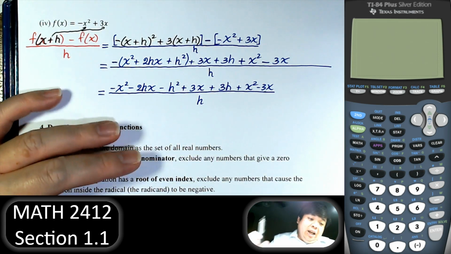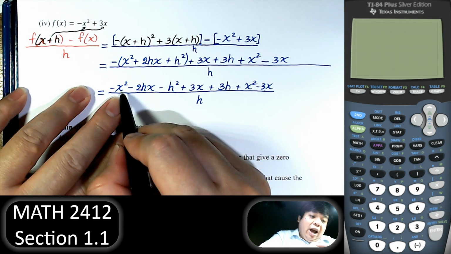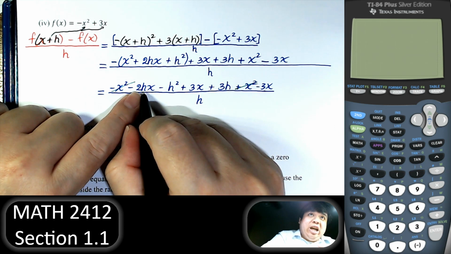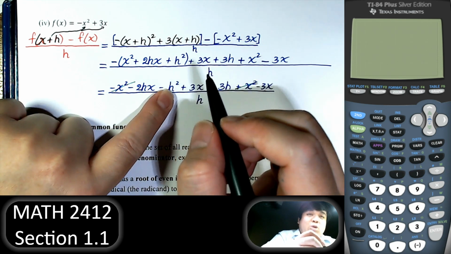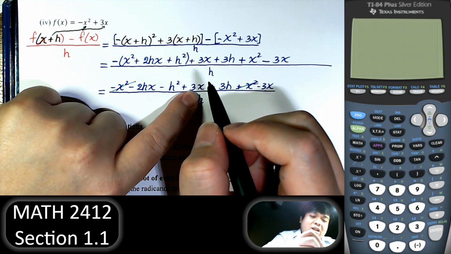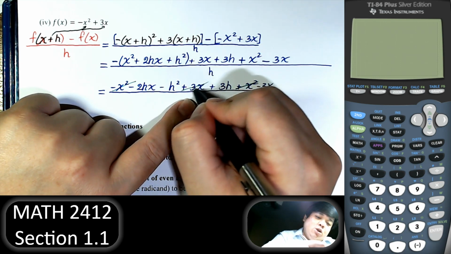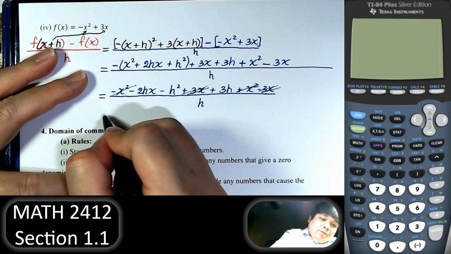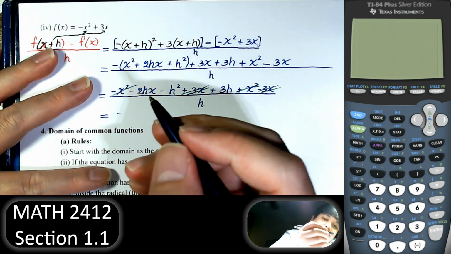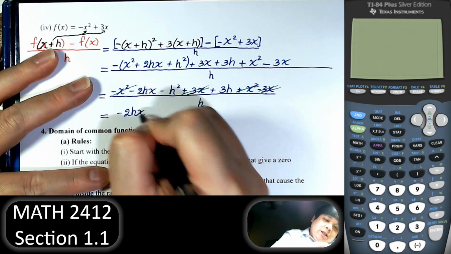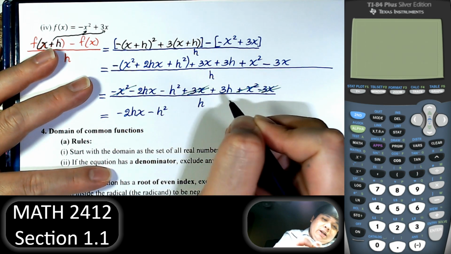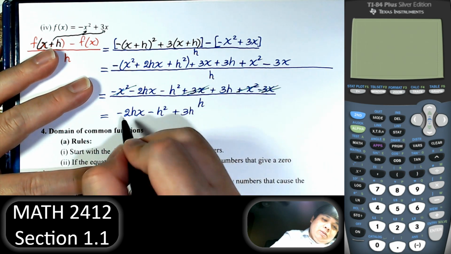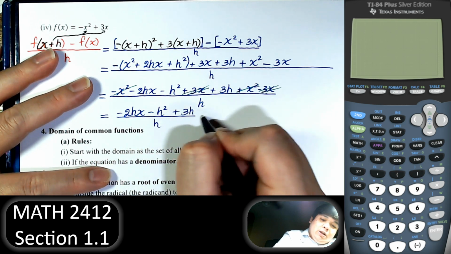Now, this term does not have h, so that should cancel with something, and it does. This one has an h, so it will stay. That one has an h, that will stay. 3x, this one does not have h. This should cancel with something, and it does. So we're left with negative 2hx, negative h squared, plus 3h, all of that over h.